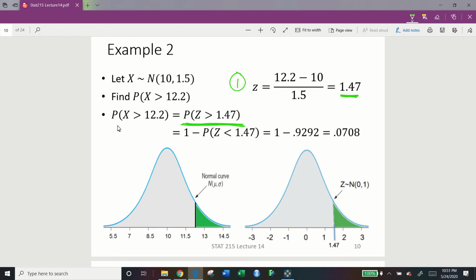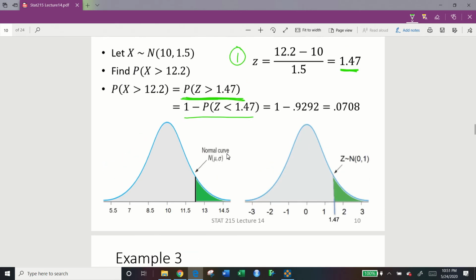So we can't directly find the probability of z greater than anything, but by using the complement rule, 1 minus the probability of z less than 1.47, we can find the probability.